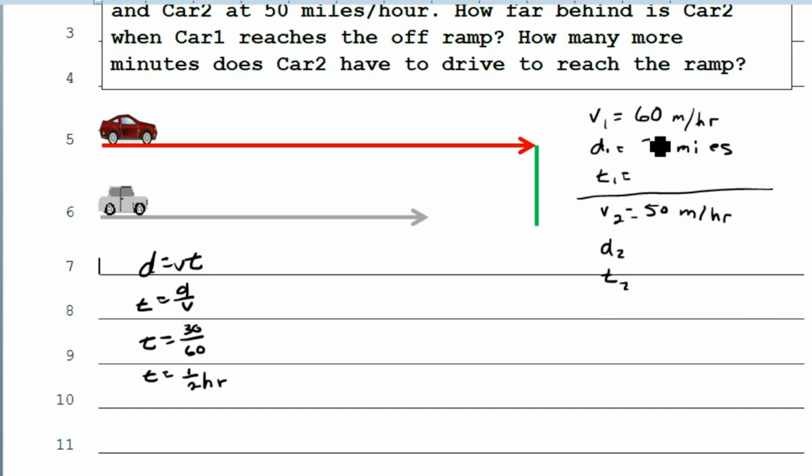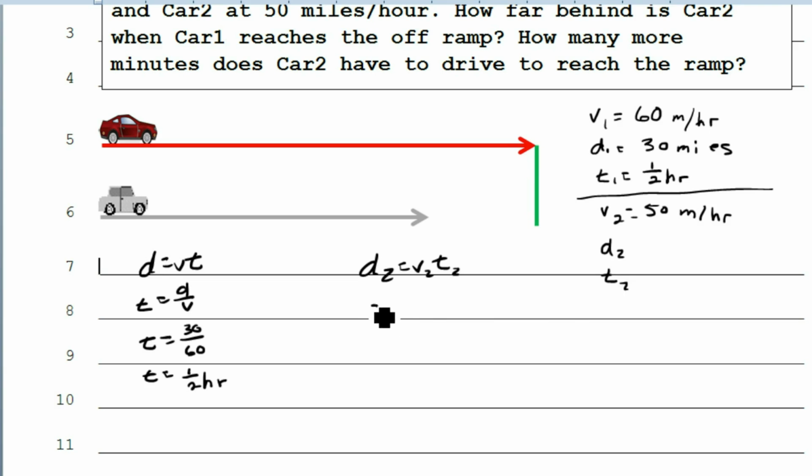How far behind is car 2 when car 1 reaches the off-ramp? Car 2, D2 equals V2 T2. We know that car 1 reaches the off-ramp in 1/2 hour. So we just have to calculate how far car 2 has gone in 1/2 hour.